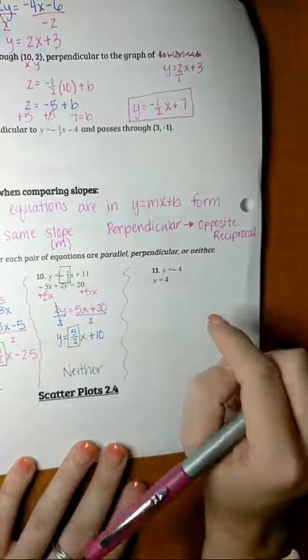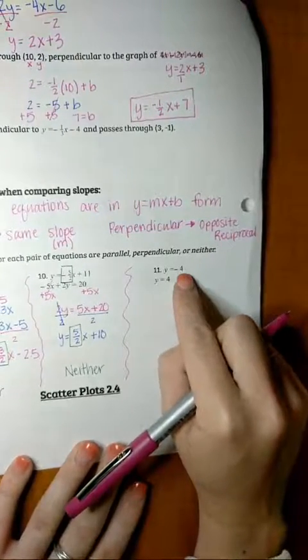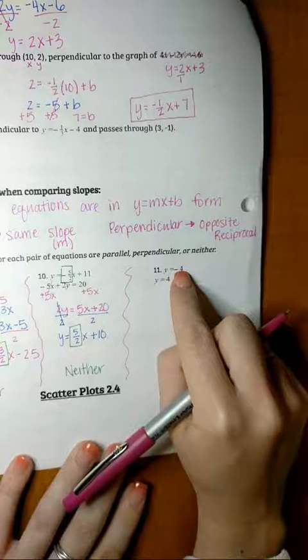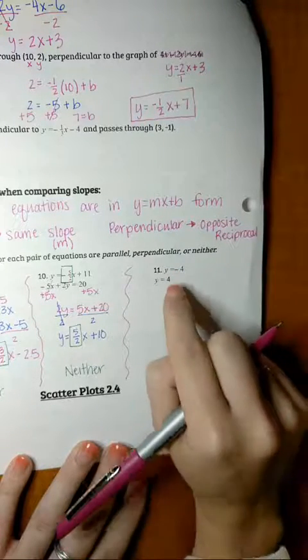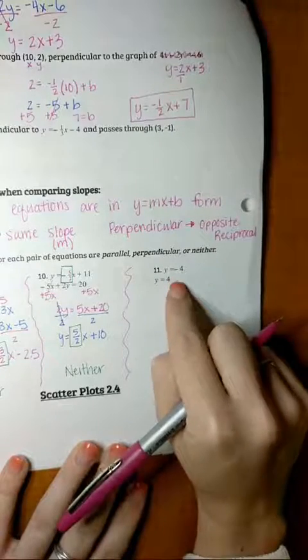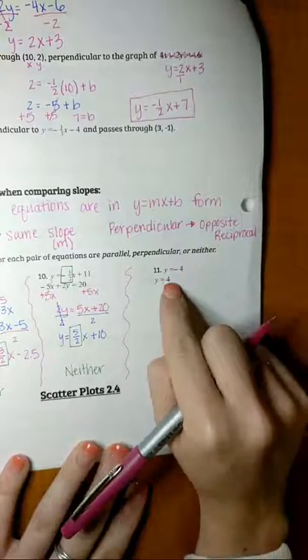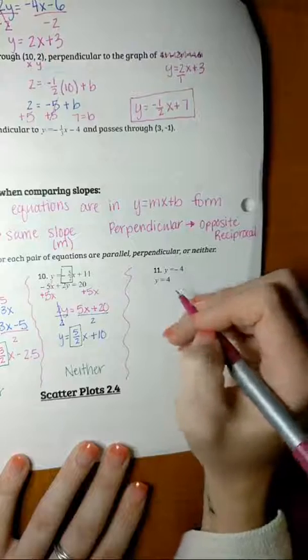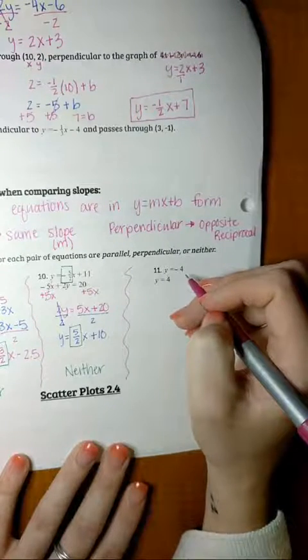Then this one, these are already in y equals form. They are not the same, but this isn't our m value. This is our b value, because the m is the one that is attached to the x.